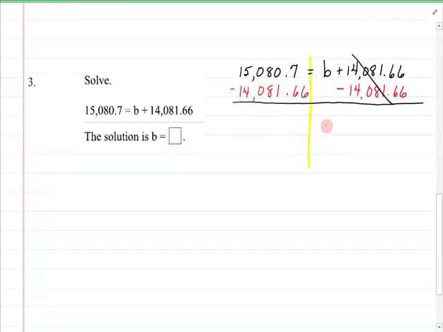I like to write them this way when I'm subtracting from both sides. These cancel out. I'm left with B. On this side, I put in a 0. 6 from 0, I can't do it. I have to borrow. 6 from 10 is 4. 6 from 6 is 0. Put in your decimal point. 1 from 0, can't do it. Make that a 7. Borrow. 1 from 10 is 9. 8 from 7, can't do it.